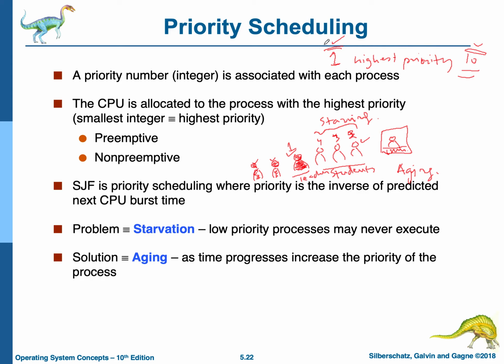Now if the 1 is being served, then the 10 would be reduced by 1, and now the priority of this guy is 9. At some instance of time, this guy will get the priority of 1, and it will be served first.